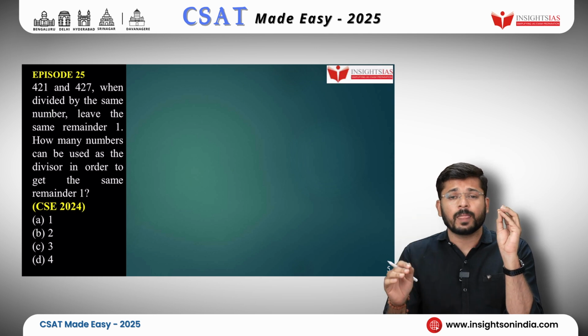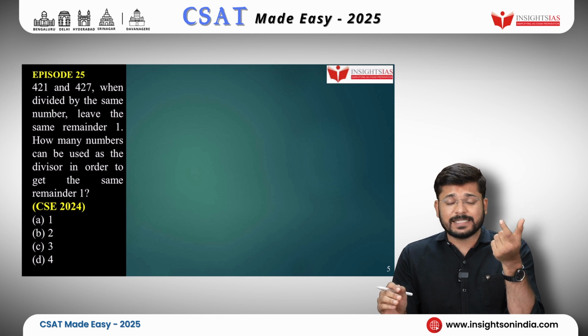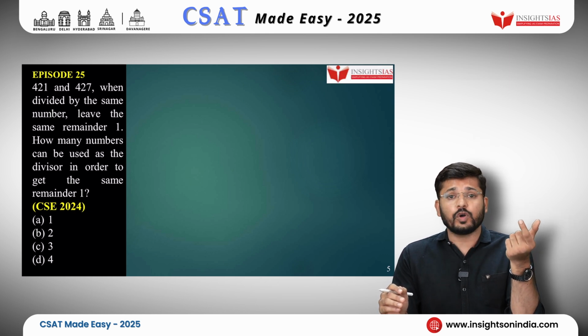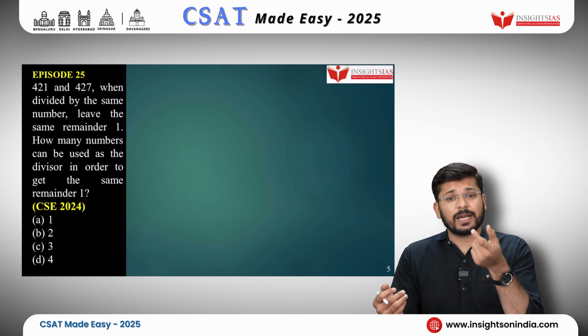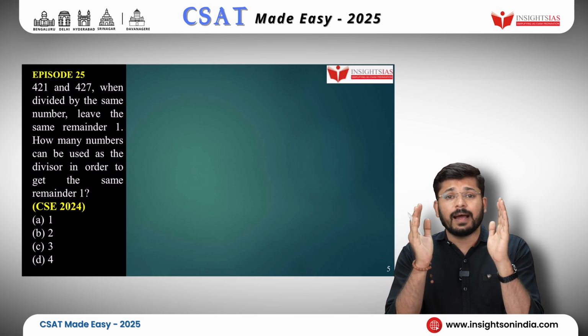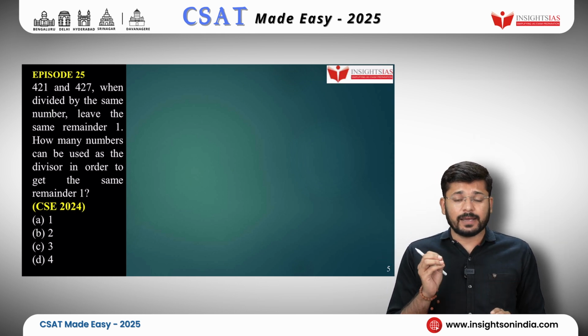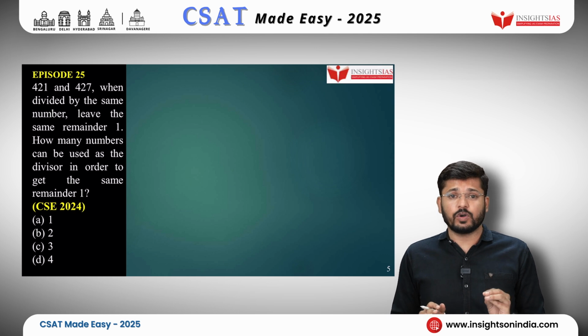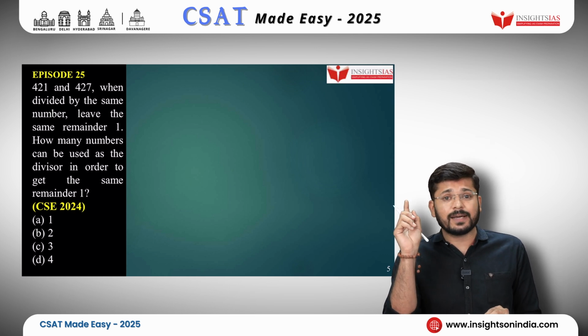It is simple. We need to take the HCF of 421 minus remainder and 427 minus remainder. The remainder is 1. So 421 minus 1, that would be 420, and 427 minus 1, that would be 426. So we'll take the HCF of 420 and 426, and that HCF will divide the numbers 421 and 427, leaving a remainder of 1.